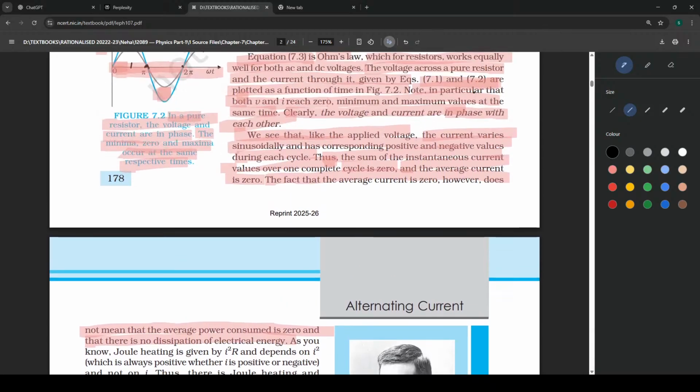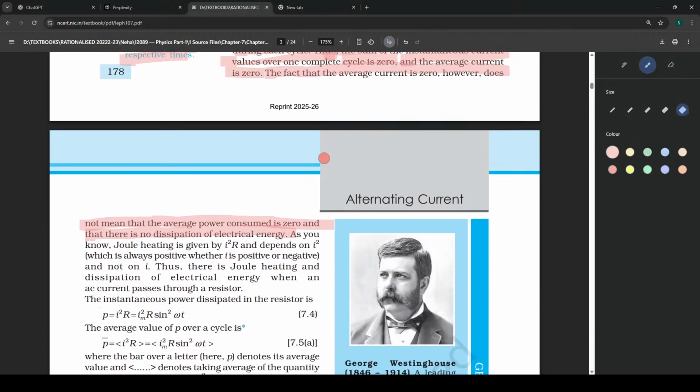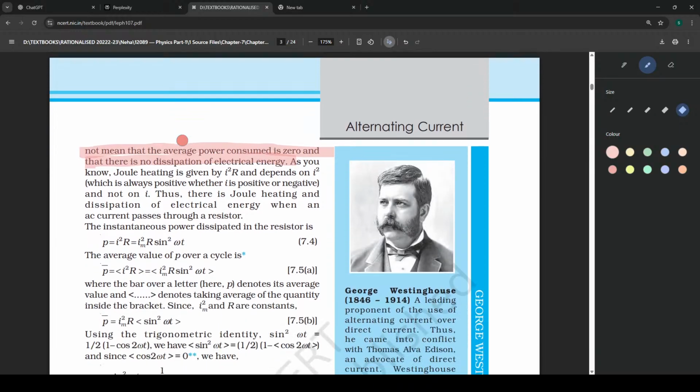However, that does not mean that average power and electrical energy consumed is 0 and there is no dissipation of electrical energy. There will be dissipation of electrical energy. As you know, Joule's heating is given by I squared R and depends on I squared, which is always positive, whether I is positive or negative.